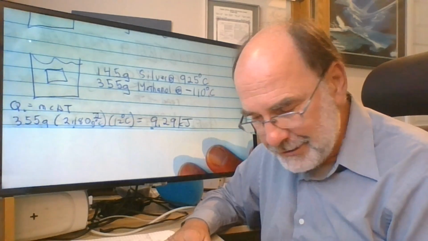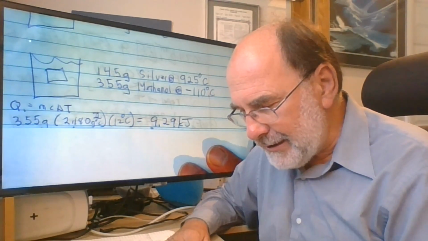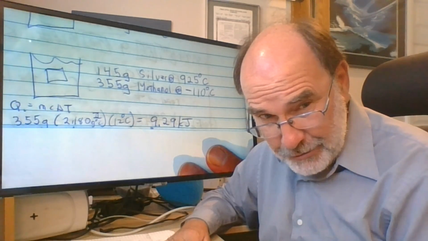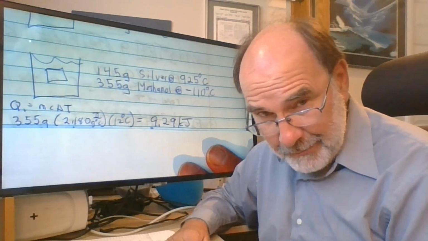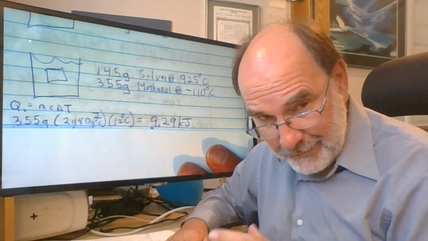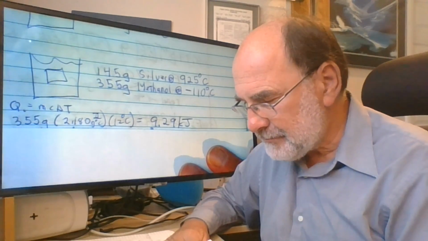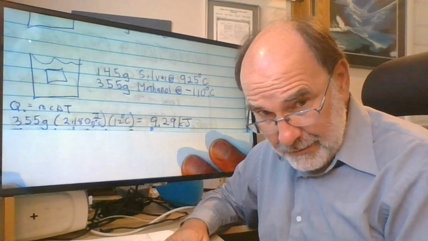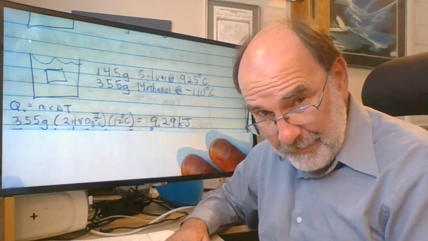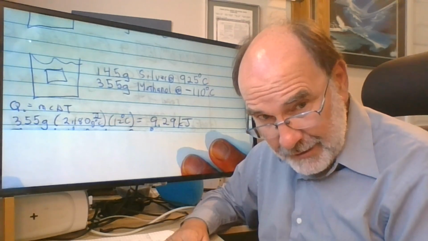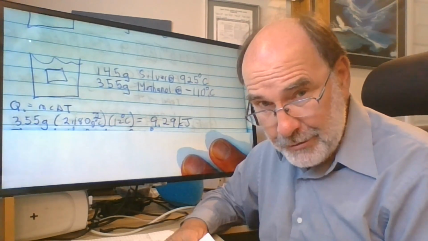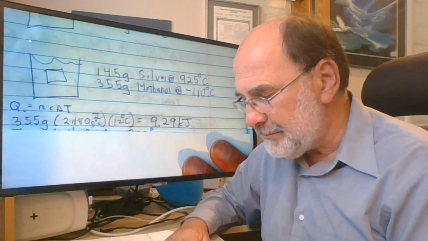So, based on that guess, I calculated I would need 9.29 kilojoules of heat energy to raise the temperature of solid methanol by 12 degrees. I then calculated what would be the drop in temperature for the silver if I removed 9.29 kilojoules from the silver.